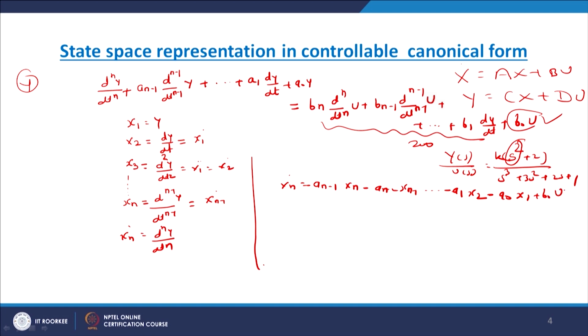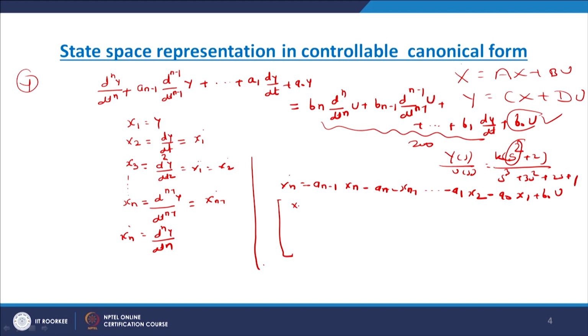So, we got xn dot equals minus a of n minus 1 xn, minus a of n minus 2 x n minus 1, and so on, minus a1 x2, minus a0 x1, plus b0 into u. Now, the variables are x1 dot, x2 dot, up to xn dot, and now we have to write this in a state space form. The state space form is x dot equals ax plus bu.